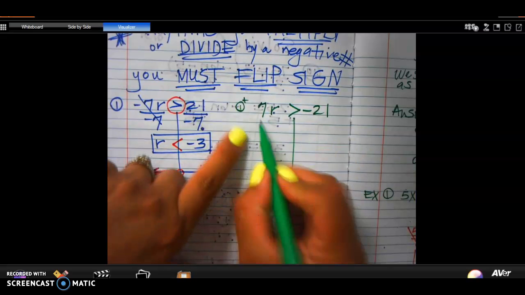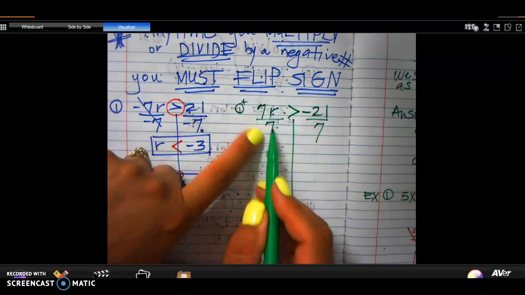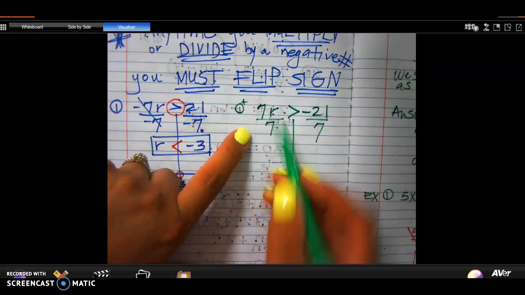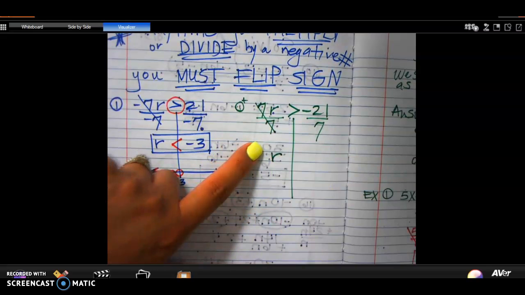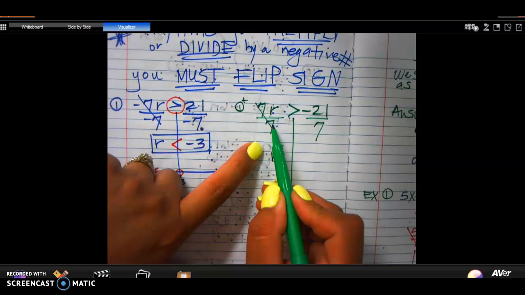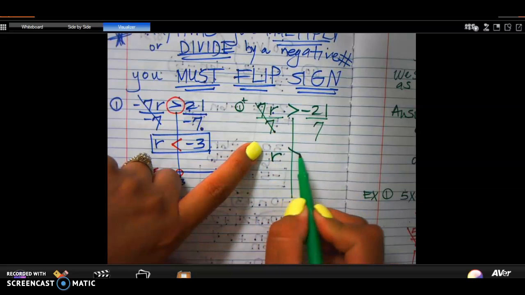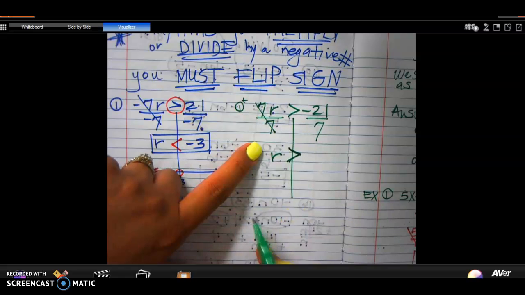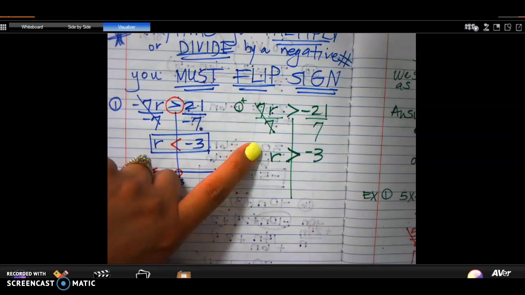So I'm just going to go ahead and divide by 7 on both sides, right? Because I want that r by itself. So 7 divided by 7 simplifies to be r. My symbol is going to stay the same because I did not divide by a negative, right? So my symbol stays facing that way. I do have a negative answer, but that's okay because I didn't divide by a negative, okay?